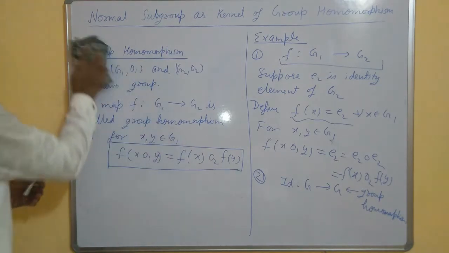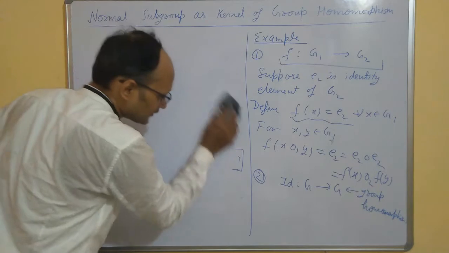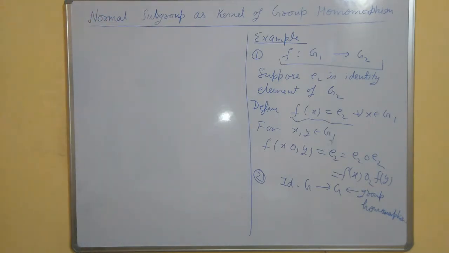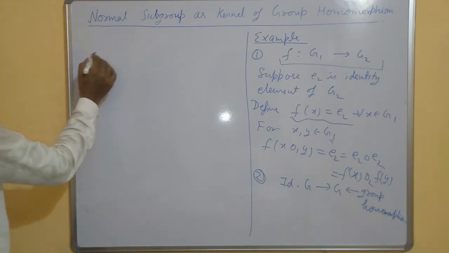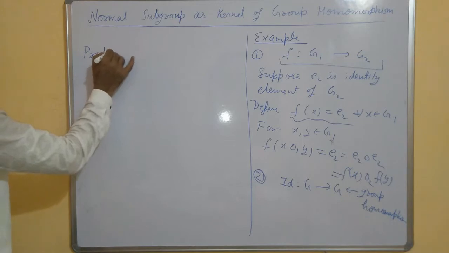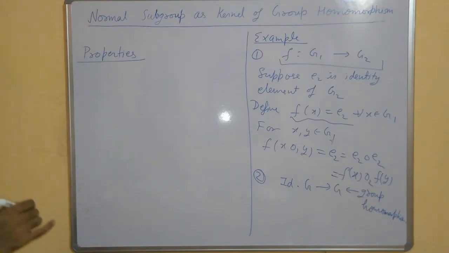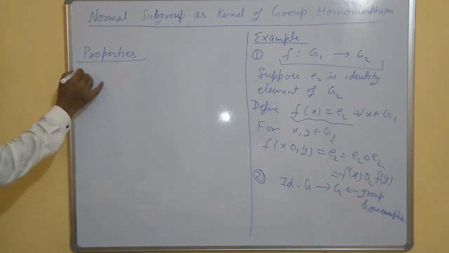There are two very common properties, which are very easy to prove. Property number 1.